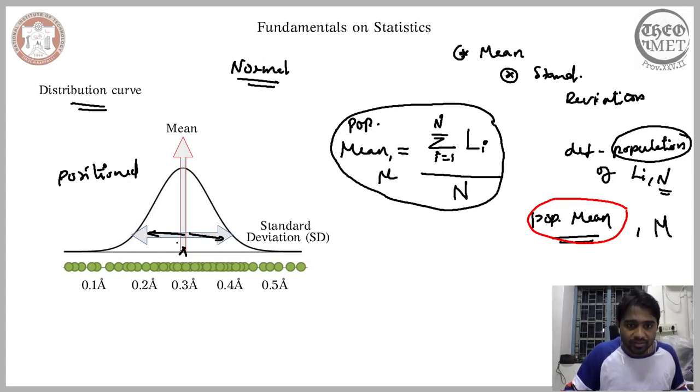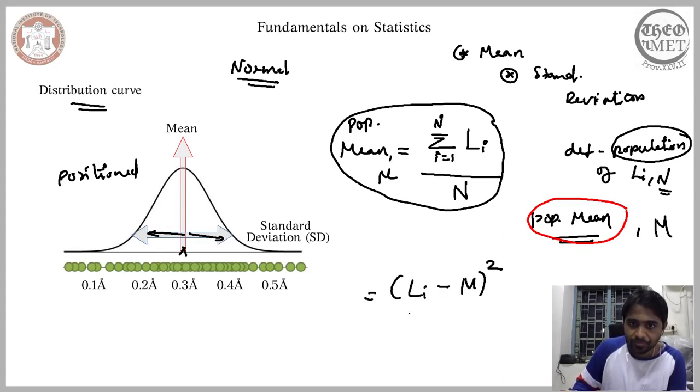Now we want to understand the spread of this curve. This curve that is based on the population is characterized by two parameters: one is the mean and the other is the standard deviation. Mean talks about the position of this curve, and we need to understand the spread of this curve. In order to do that, we need to use a specific expression: the spread is understood by taking x, the individual lattice parameters, with respect to the mean, the whole squared, divided by n.